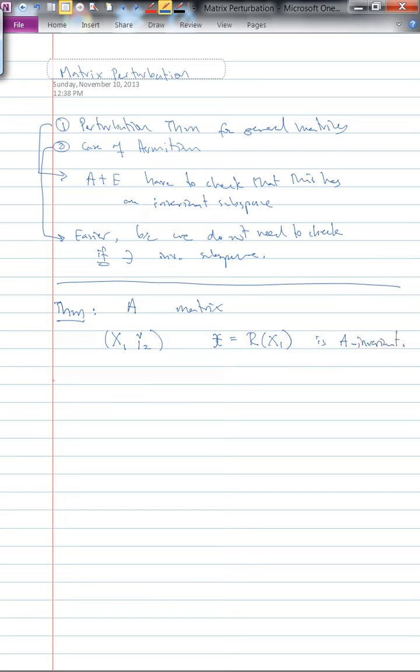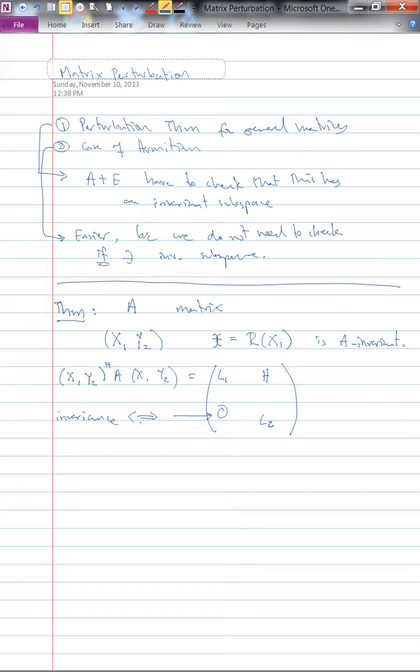What it means, of course, for this to be A invariant, as we've seen, is that [x1, y2] transpose A [x1, y2] is equal to L1, something up here, which I'll denote as before H, L2, and the key thing we saw at the beginning of the first of these Ghost lectures is that this has to be a 0. So this is the implication of invariance, and it is equivalent to that being a 0.